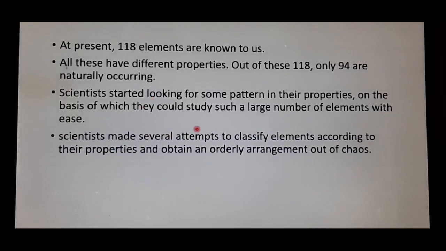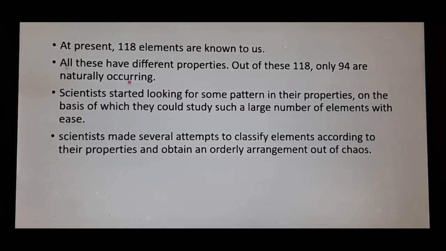Scientists were looking for some pattern in their properties on the basis of which they could study such a large number of elements with ease. Like in a grocery store, see how many items there are, but the arrangement of these items makes it much easier for us to find them. In the same way, they were looking for a pattern so that we can study a large number of elements.